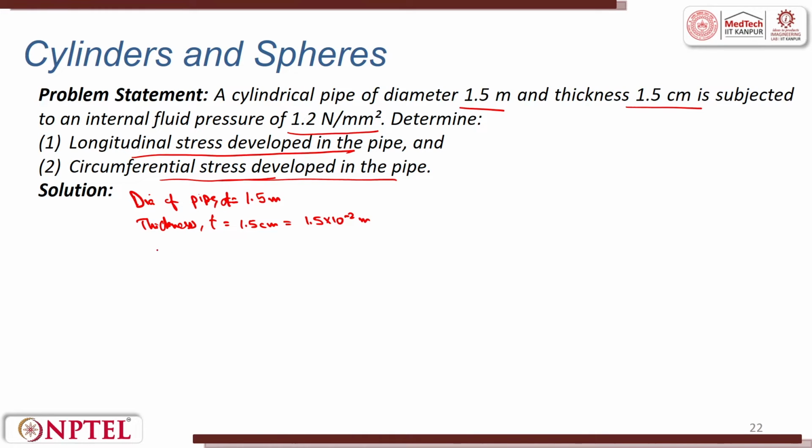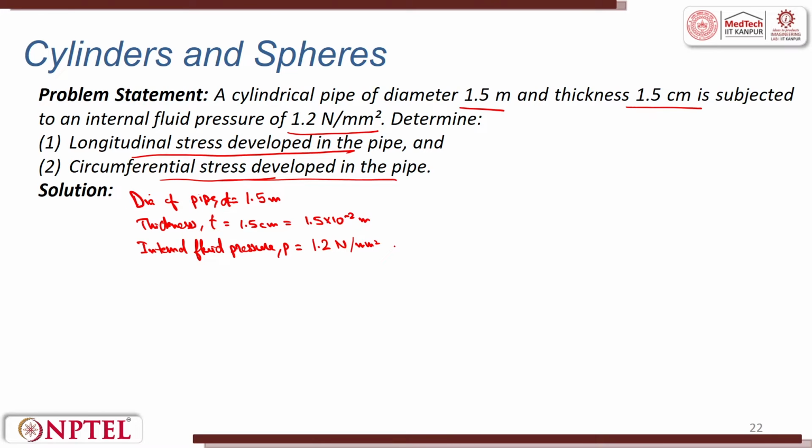Internal fluid pressure P is equal to 1.2 newtons per millimeter square.